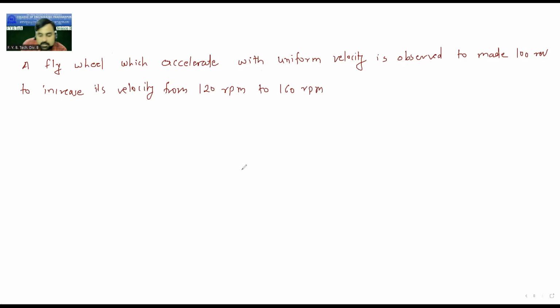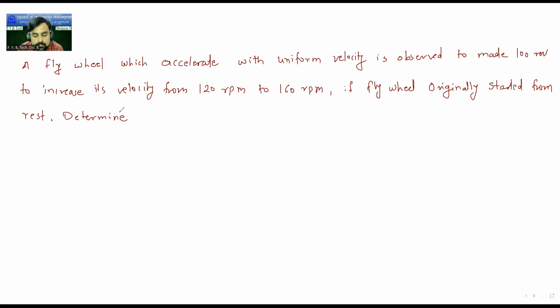If flywheel originally started from rest, so determine first the value of acceleration.